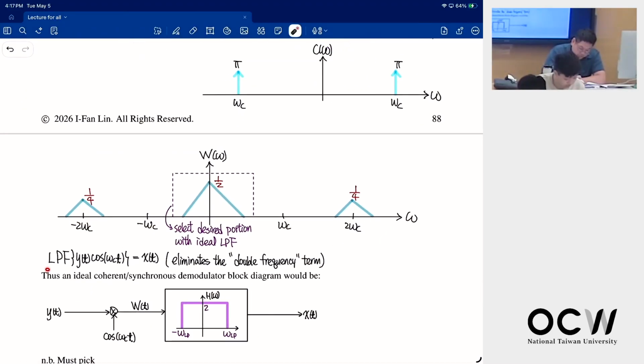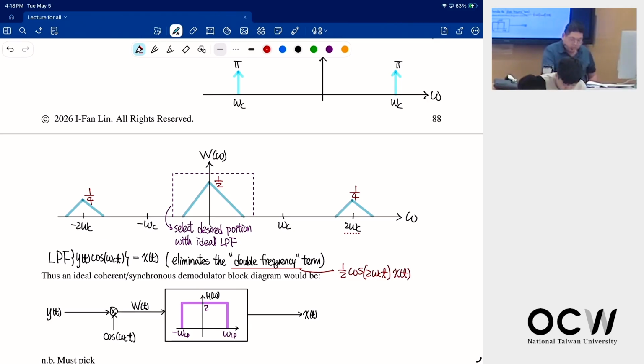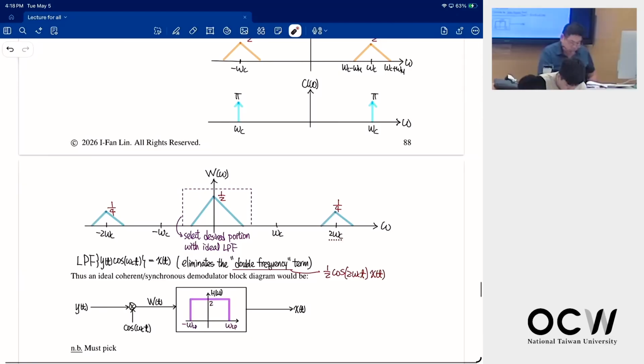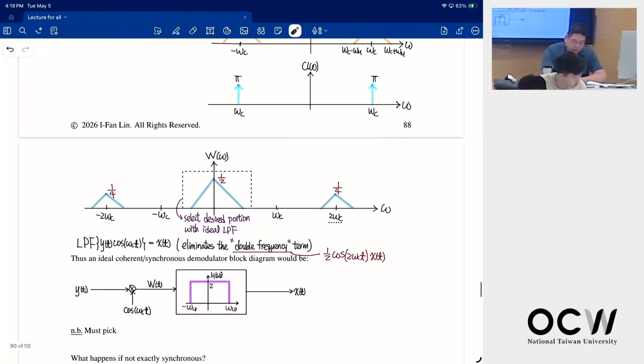So the low-pass filter will eliminate the double frequency. Here the double frequency means this term, 1/2 cosine 2 omega ct. And for this low-pass filter, how about the frequency of the low-pass filter?